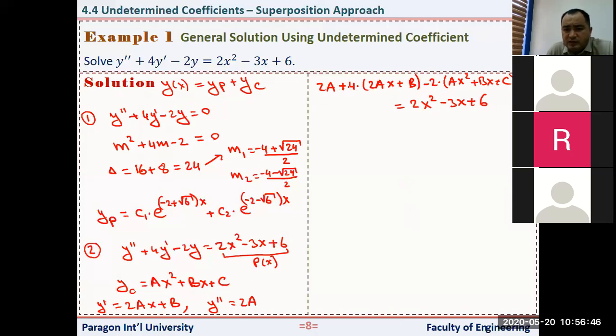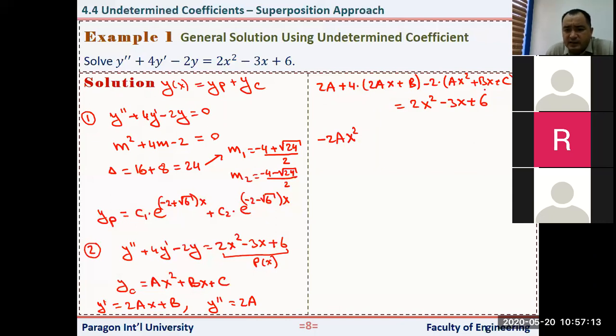Before we continue, let me simplify this and write it in standard form. Without doing this, I could proceed, but it looks messy. So if you write it in standard form, for x², we have negative 2 times A, so -2Ax².